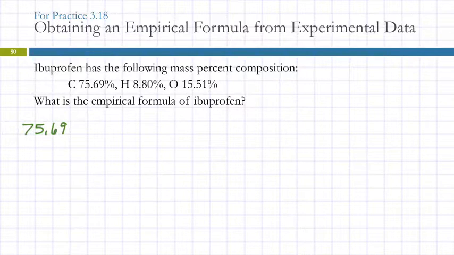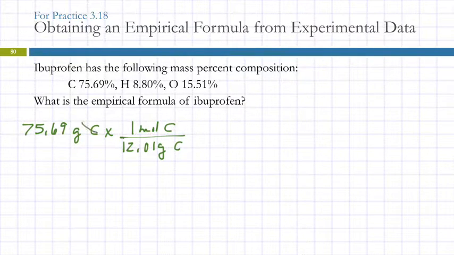Then I have 75.69 grams of carbon. And I'm going to try to go through this quickly because we just did one like this. And those are going to cancel out. I'm going to set these up and then I'm going to do my math. 8.80% hydrogen would be 8.80 grams of hydrogen.